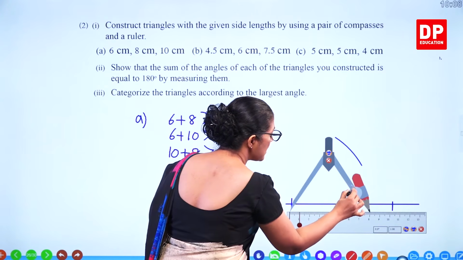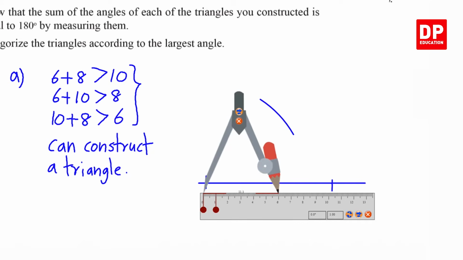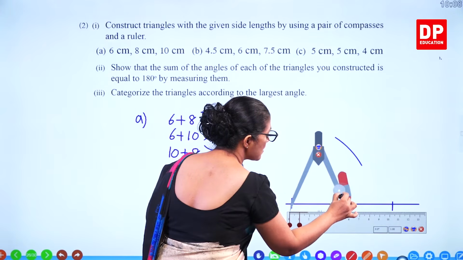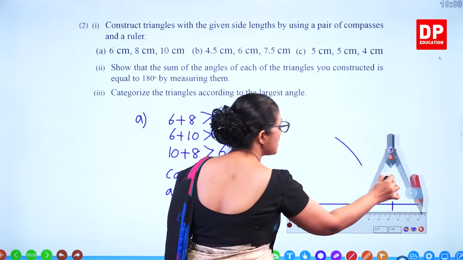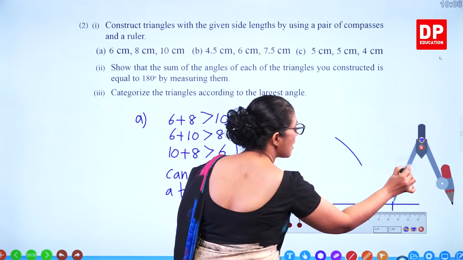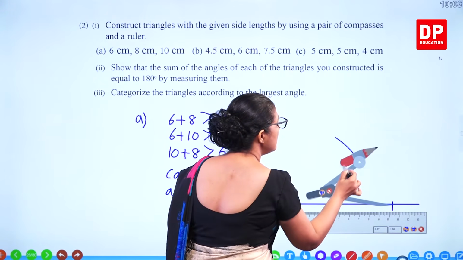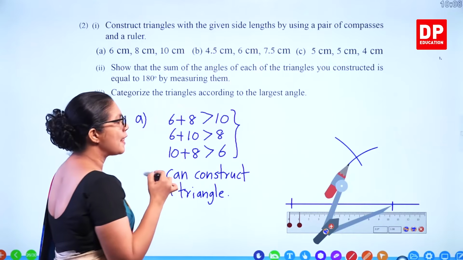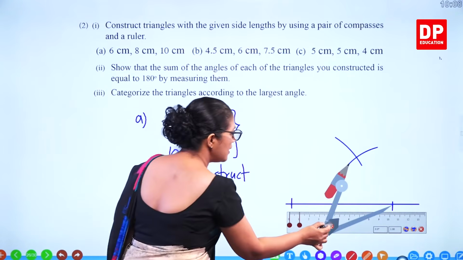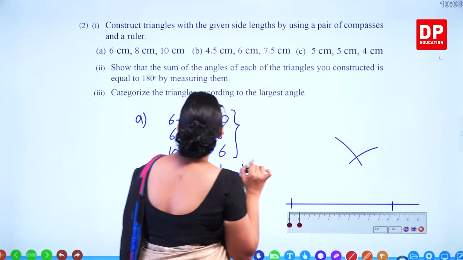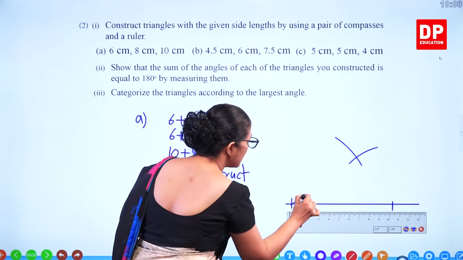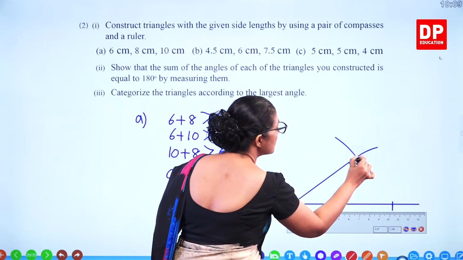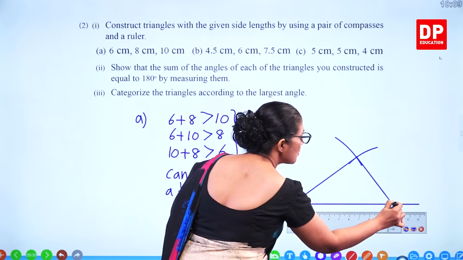So this is the distance, 6 centimeters, and you have to keep it on top of this arc and mark the arc. Now the intersecting point is the vertex point of a triangle. Now you can connect here to here, here to here.